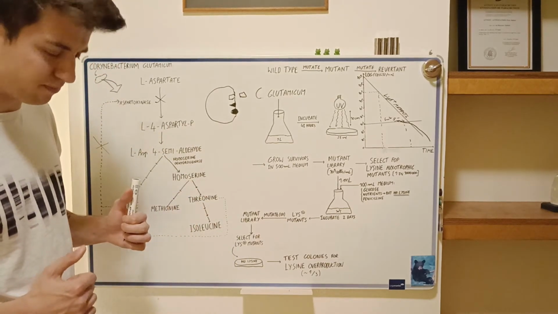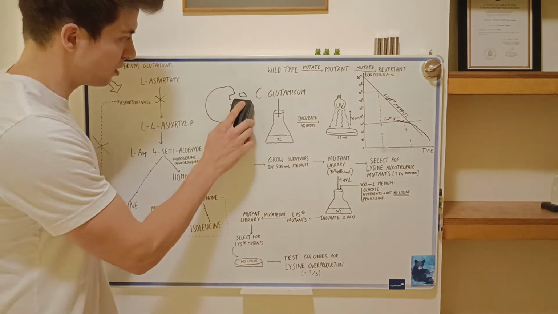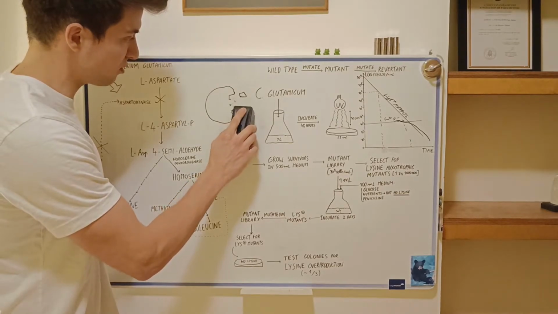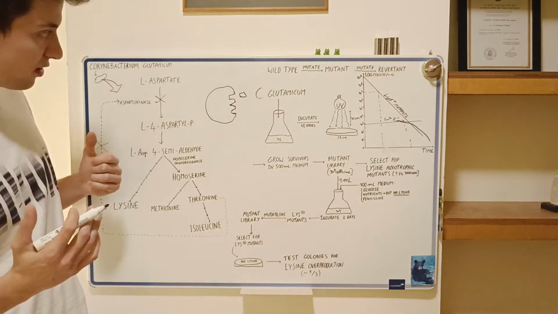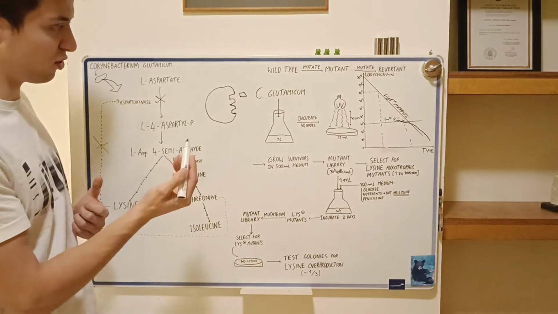So, we have our enzyme in the native state, which is without lysine or threonine bound to it. We induce a first mutation to a lysine negative mutant. That would imply that, for example, our L-aspartate can't bind anymore.